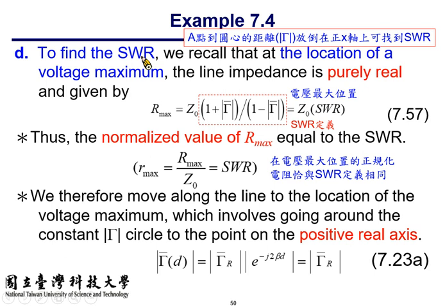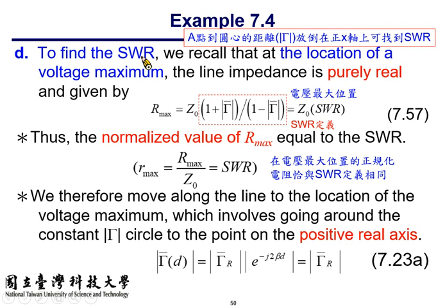Equation 7.57 also tells you why the SWR value can be found as the intersection of the positive real axis and the SWR circle.